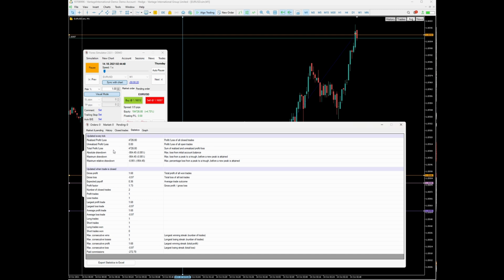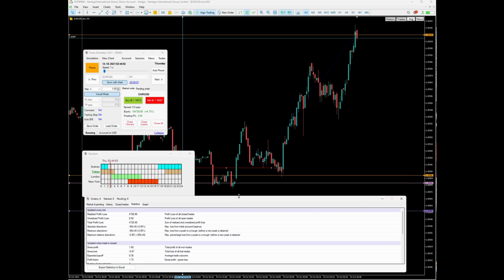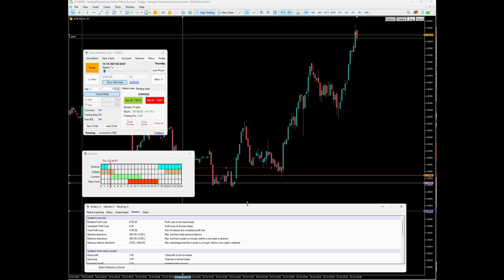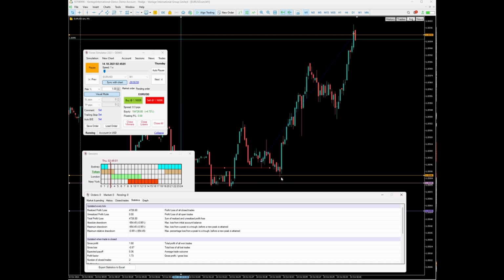Realized profit and realized total profit, absolute drawdown, almost reach 1%. Maximum, because what is considered here that is not considered in TradingView, which is very interesting, is spread, slippage, and that is very important. As you can see, the price reached here, but we're not measuring the slippage, but there is slippage and spread involved in this.